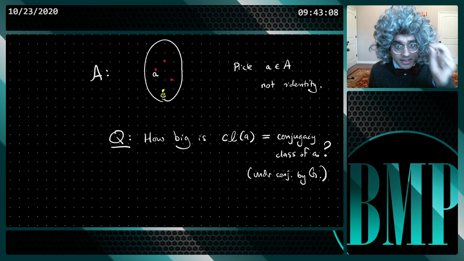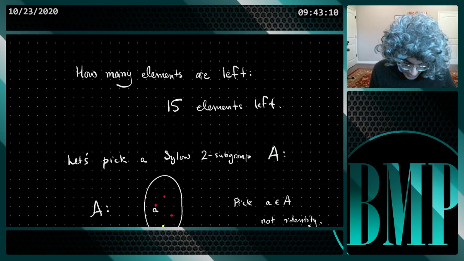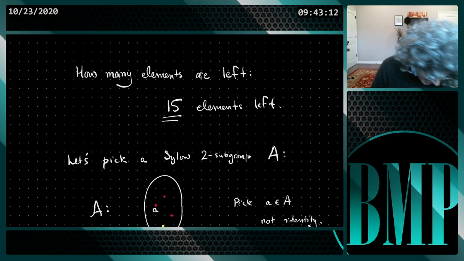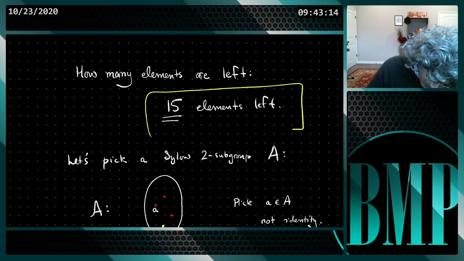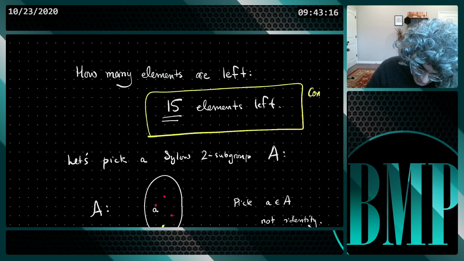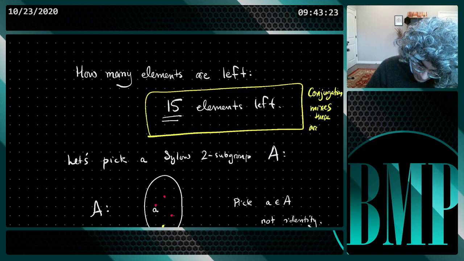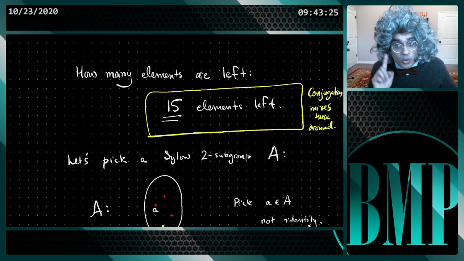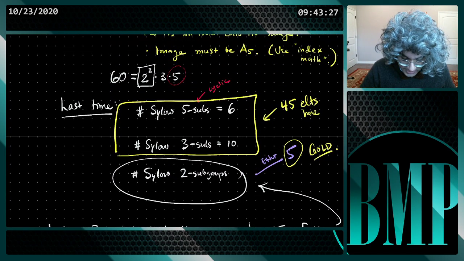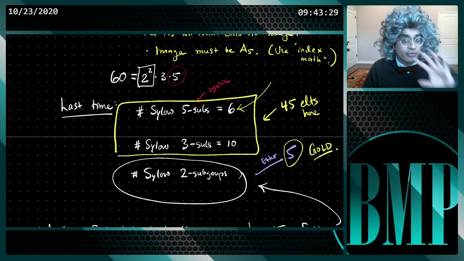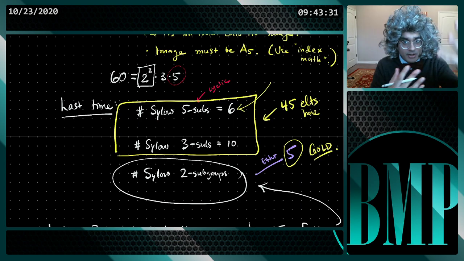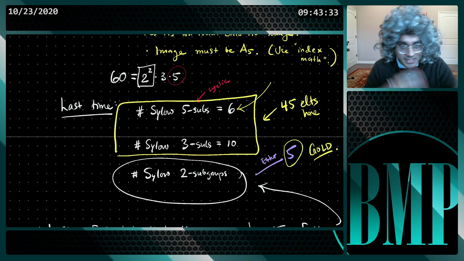The conjugacy class has to be a subset of these 15 elements. Conjugation permutes these. Why? Because conjugation clearly mixes around all of the Sylow 5 subgroups and all the Sylow 3 subgroups.